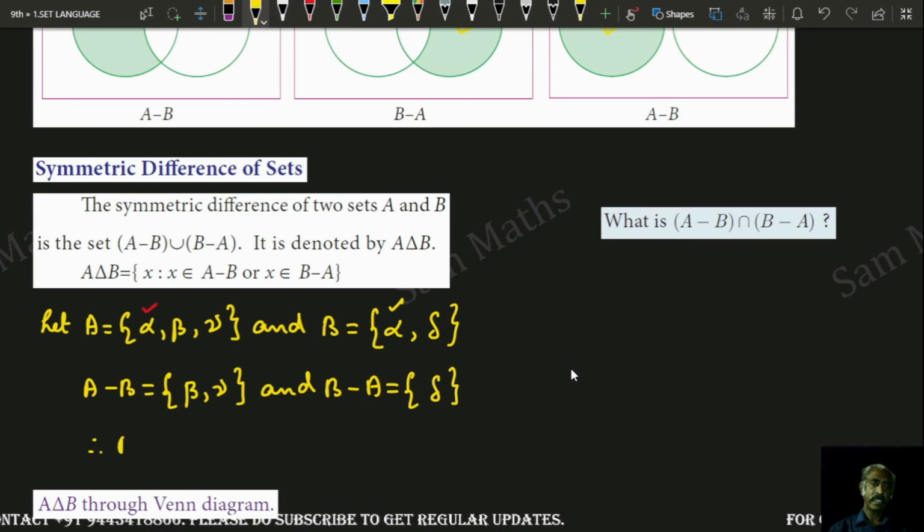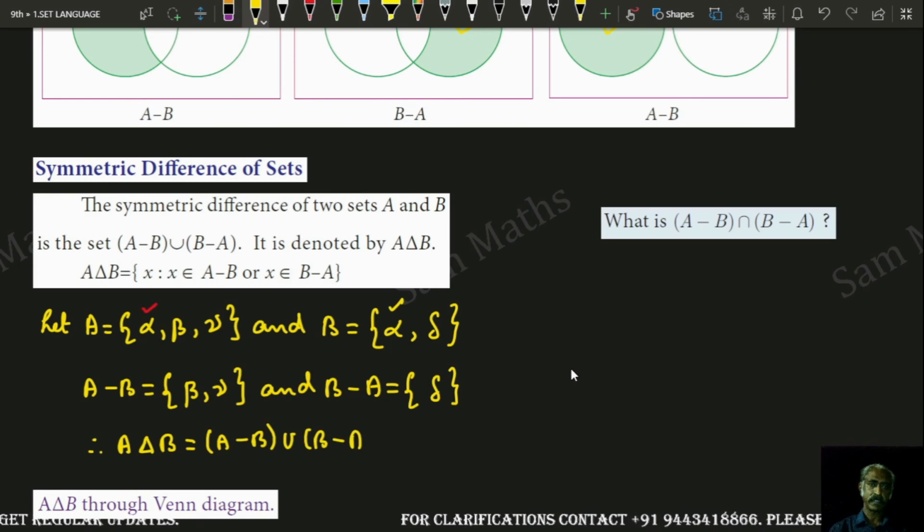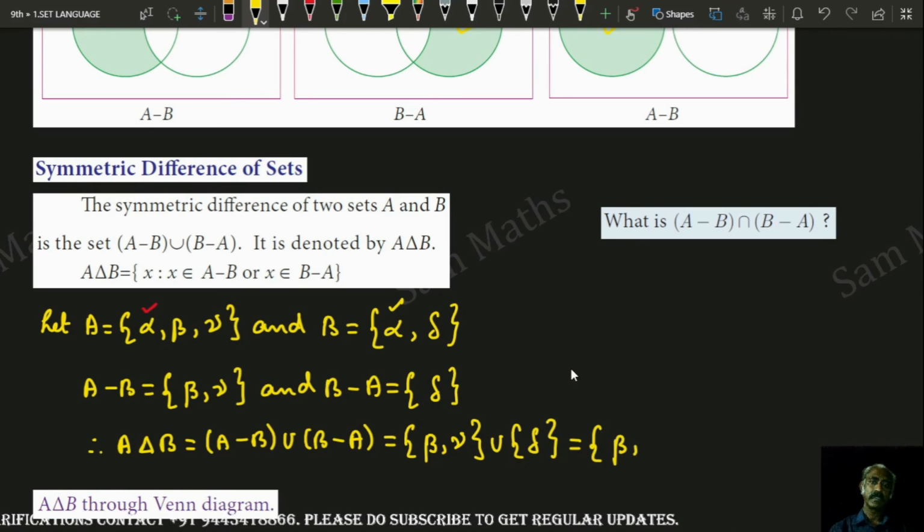Therefore, A symmetric B is equal to A minus B union B minus A. That is equal to beta, comma, gamma union delta. That is beta, gamma, delta.